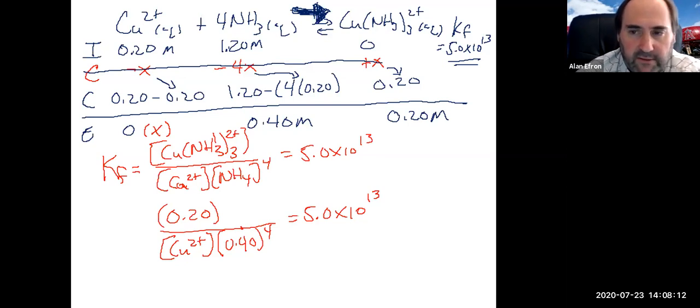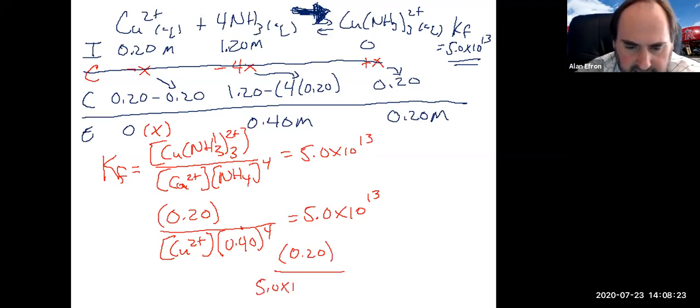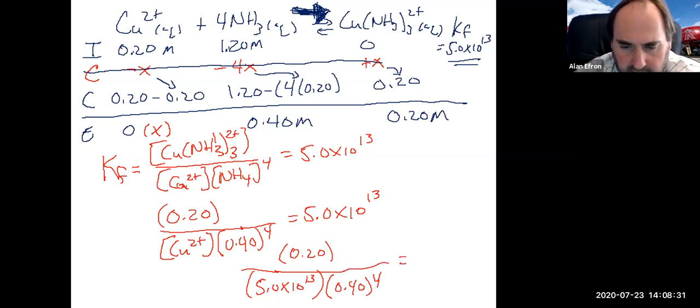If we do a little solving of this, these two guys switch places, and you end up with 0.2 divided by 5 times 10 to the 13, divided by 0.4 to the fourth, will equal our copper 2. They basically just swap places.